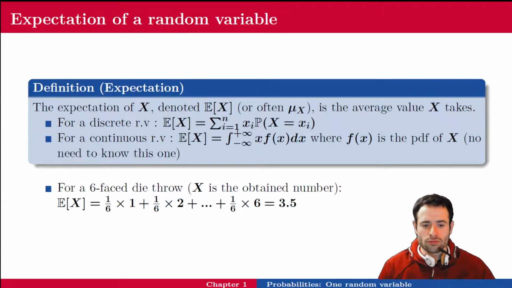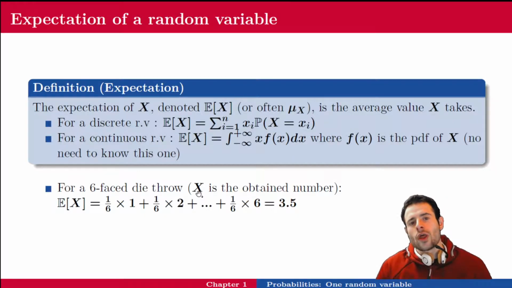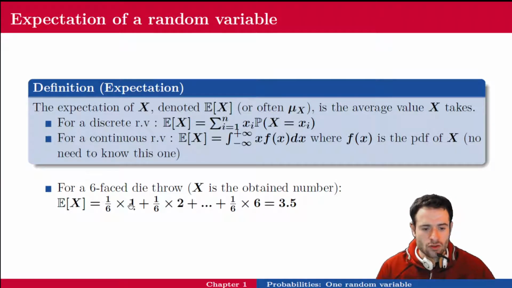You can do it here actually. If instead of saying X is the number I get from a die throw, you could say X is the number I get from a die throw times 2. So you just multiply each of these numbers by 2. So here you get 2, here you get 6, and so on and so forth, and here you get 12. If you do the math, you will find an average of 7. 7 is also equal to 2 times 3.5.